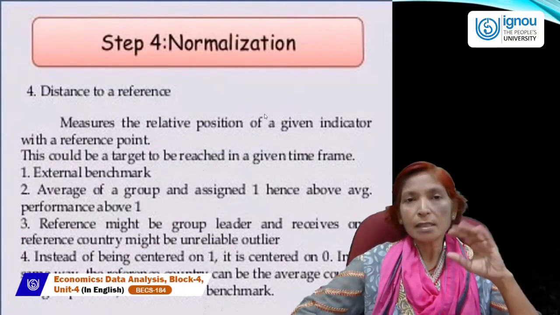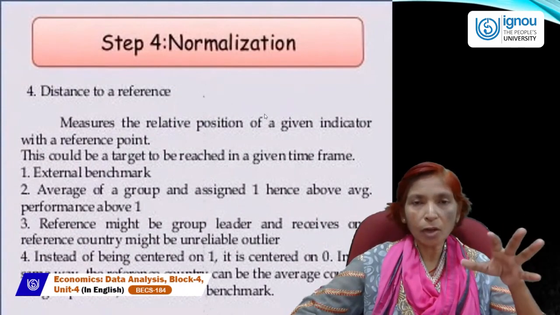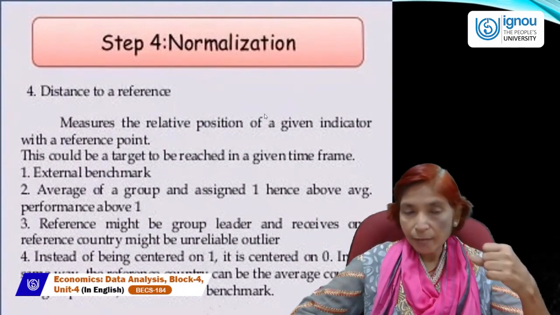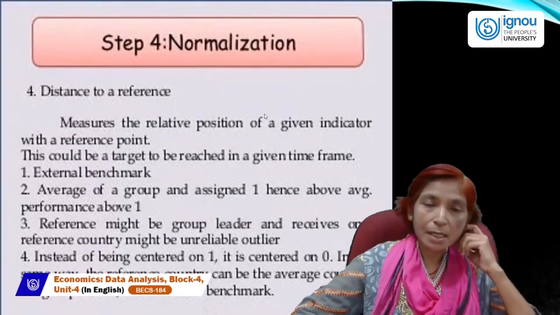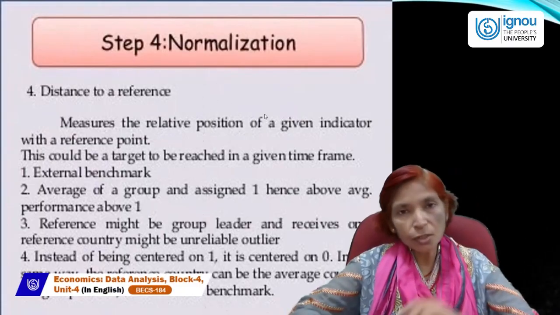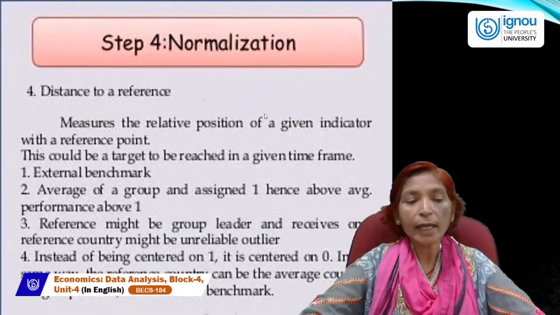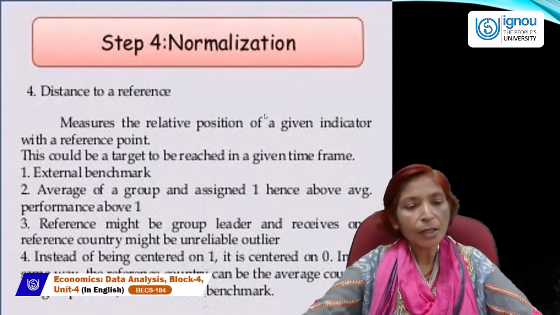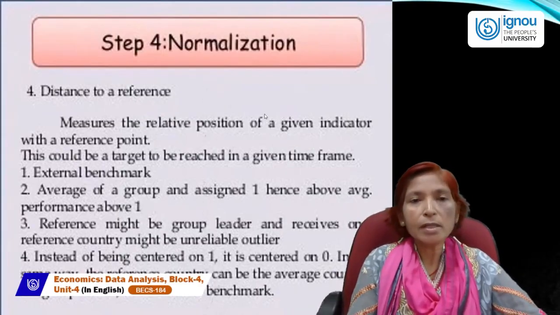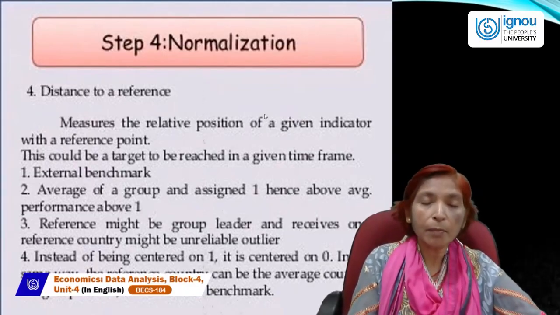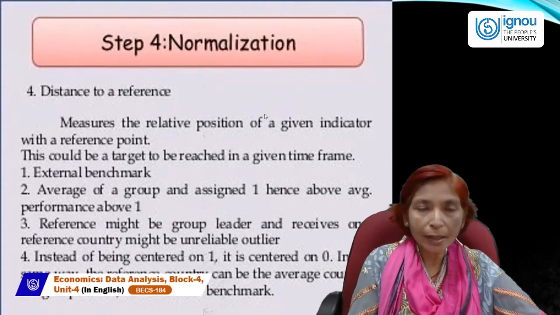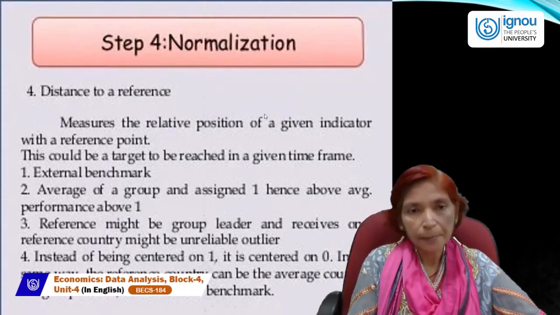And if the answer is 1, it means the student performance is average. Or if the performance is more than 1, it means the performance of the student is more than average. So this is called the normalization concept. This is also one of the main important steps while constructing a composite index.